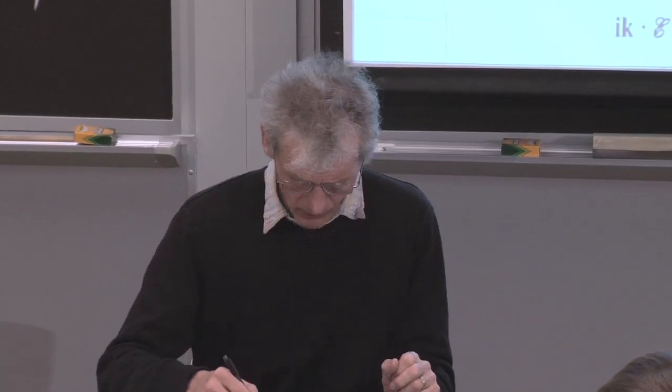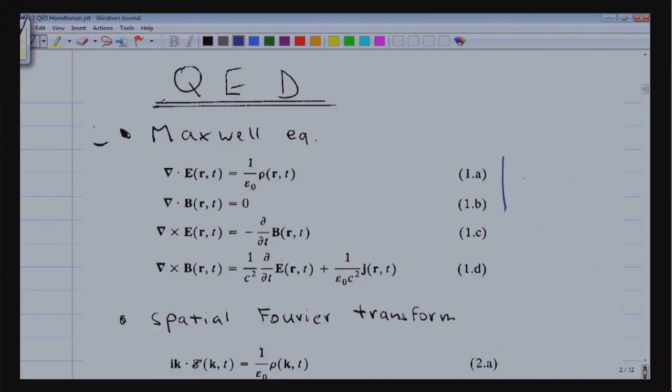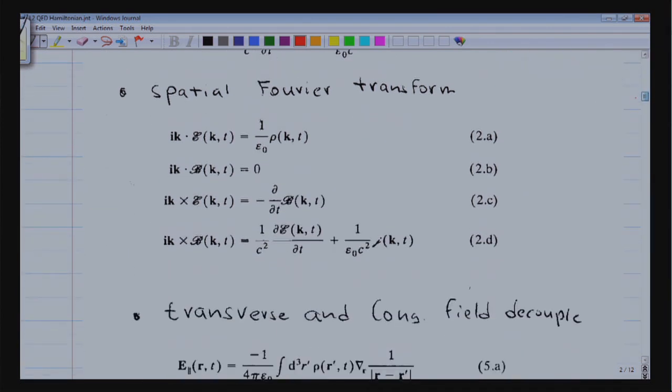So when we start out with Maxwell's equations, we have actually 6 components of the electromagnetic field. And we will see in a moment that this is redundant. What will turn out to be very important to separate the local fields from the radiation field is a Fourier transformation.